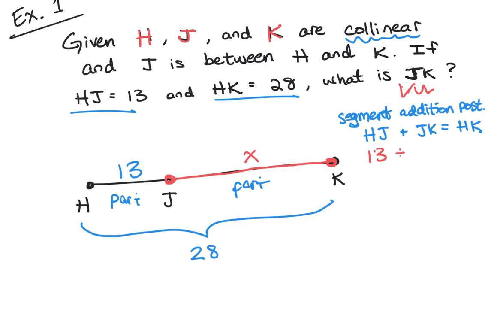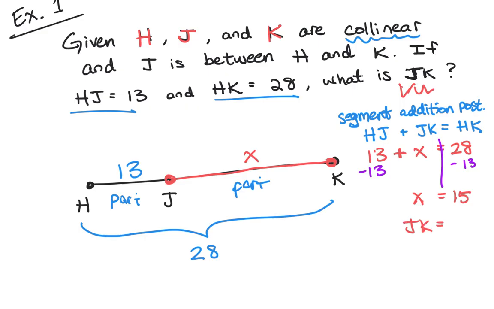I don't know what JK is, so I'll leave that as x because I don't know it. And I do know that HK is 28, so 28. And there you guys see it. You have a little one-step equation. You could use the subtraction property, and you would see that x is equal to 15. And in this case, x is the distance JK.